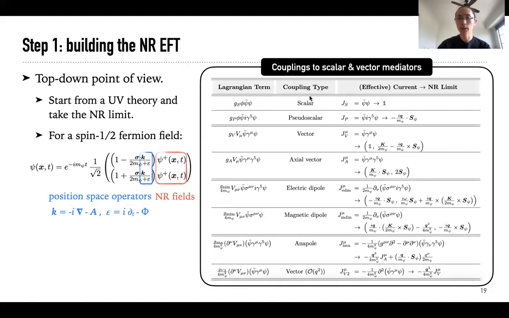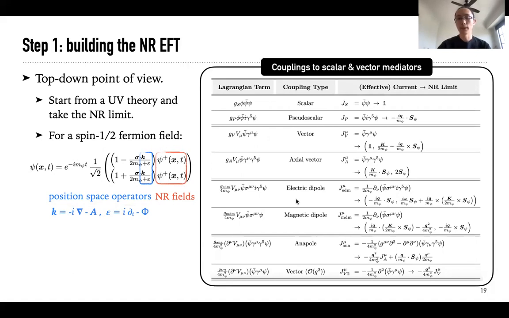So there are several coupling types that we can enumerate. For scalar mediator, we can have a scalar or pseudoscalar coupling. For vector mediator, we can have a vector or axial vector coupling at the renormalizable level. But we can as well just write down higher dimensional operators.